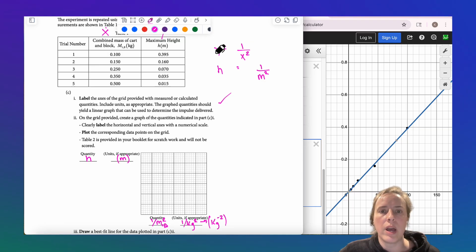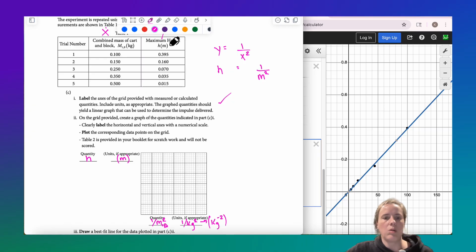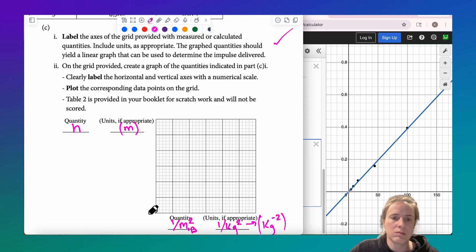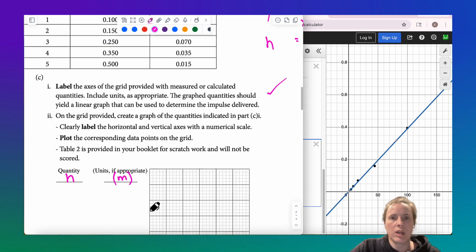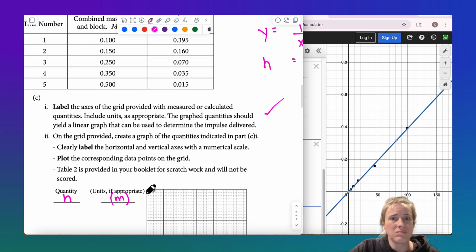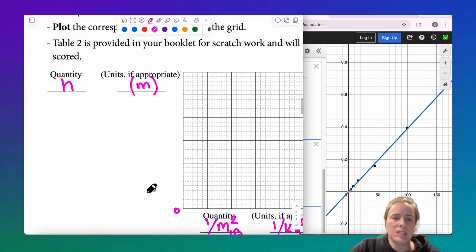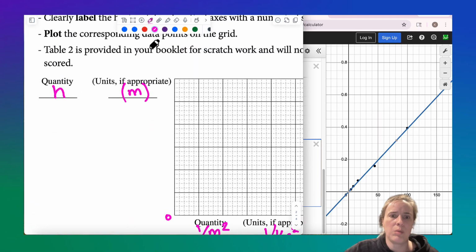My y-axis, my heights, we didn't mess with that at all, so it's still going to go between 0 and 0.4. I've got to think about what is the best way to label this axis. If I start at 0 and I want to get up to 0.4, honestly, the easiest way is to count by 0.1s: 0.1, 0.2.